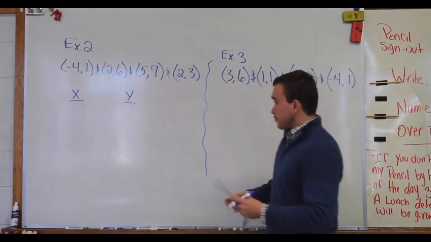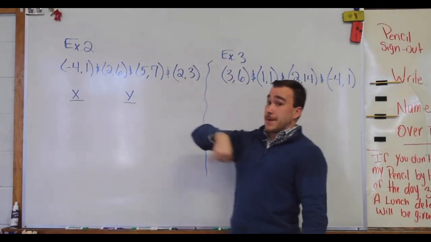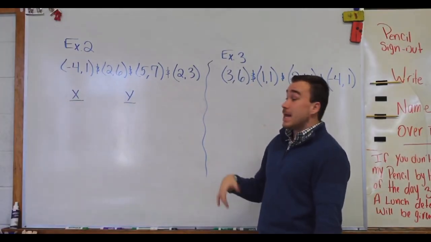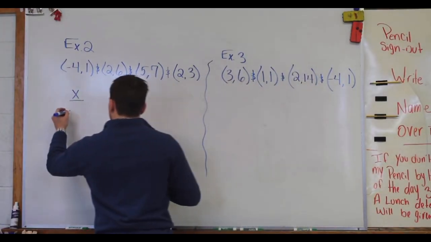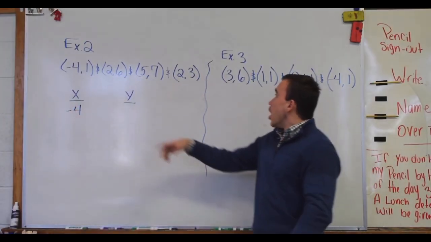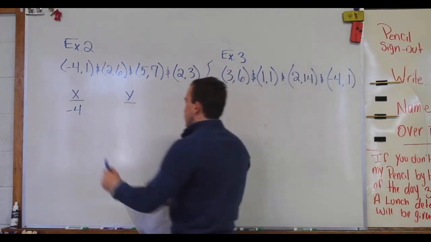Remember, our x value is the first number in our ordered pair. So our smallest x value will be -4. Our next smallest x value would be 2.